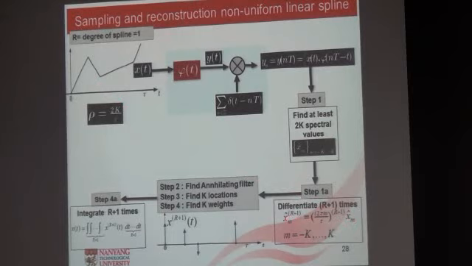So if I differentiate this r plus 1 times, I can obtain the spectral values of the Diracs. So once I have the spectral values of the Diracs, I simply apply the annihilating filter. I find the K locations, and I find the K weights, and then I simply integrate twice, in this case, and I recover my non-uniform linear spline.